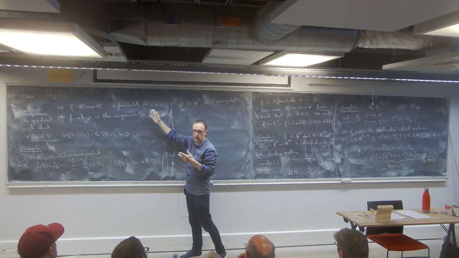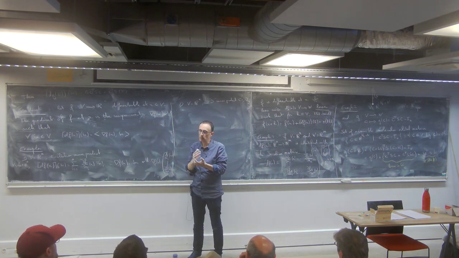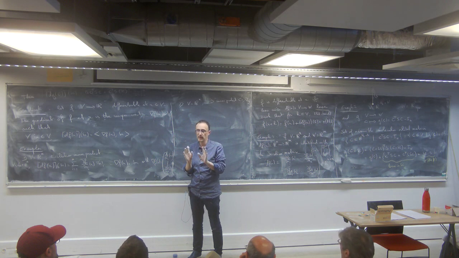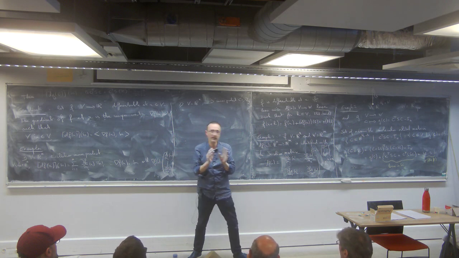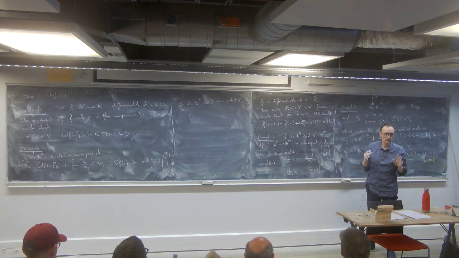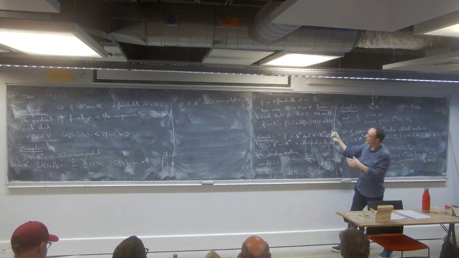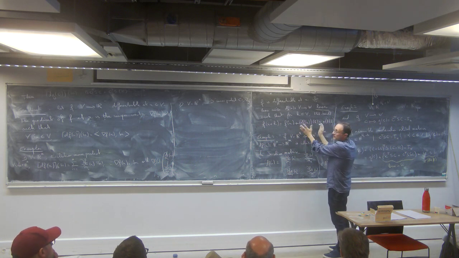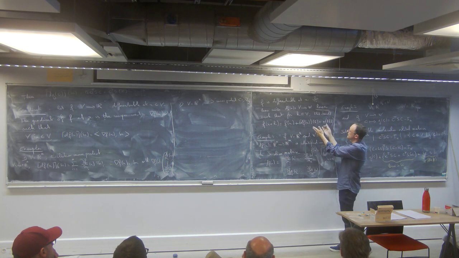If I change the inner product, I change the norm, but the two norms are always equivalent in finite dimension. Therefore, if it is small for some norm, it is small for all norms. This just has to be linear and continuous, but in finite dimension everything linear is continuous.